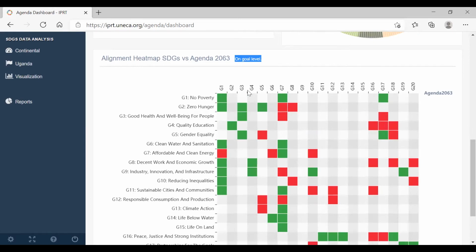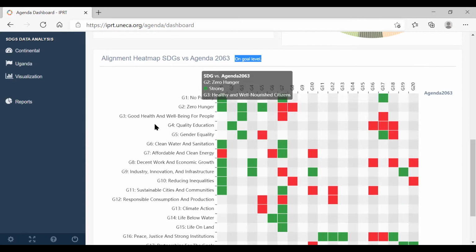The green color shows that the goals are aligned, that's strongly aligned. There are commonalities. For example, goal number 1 of SDGs is aligned with goal number 1 of Agenda 2063, goal number 7 of Agenda 2063, and goal number 17 of Agenda 2063.